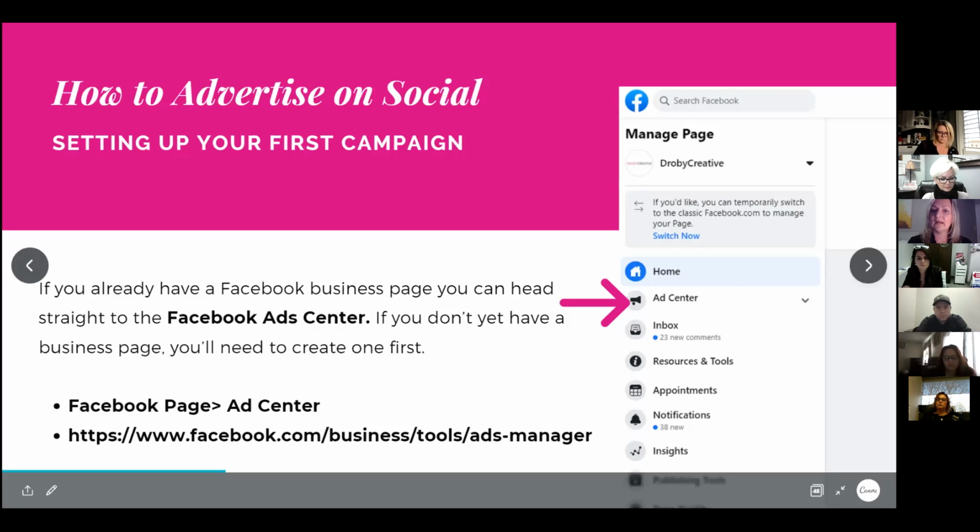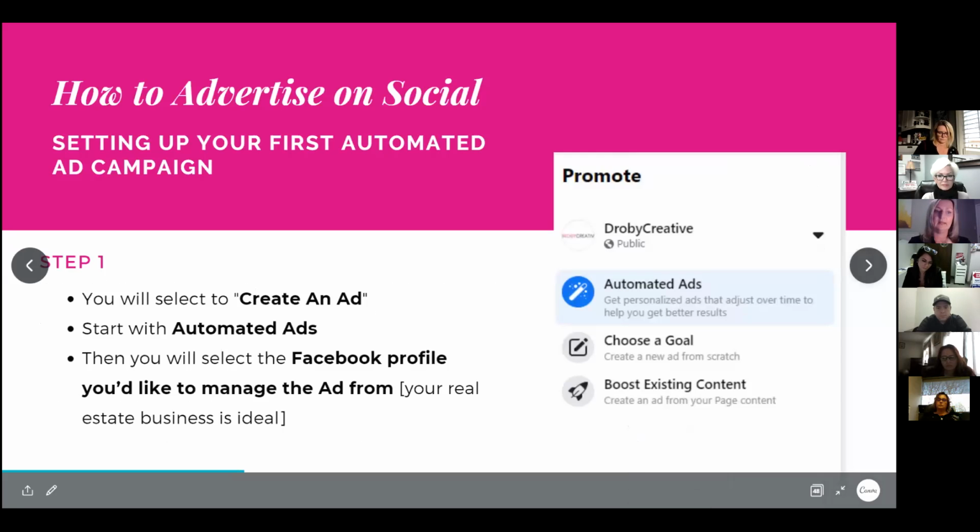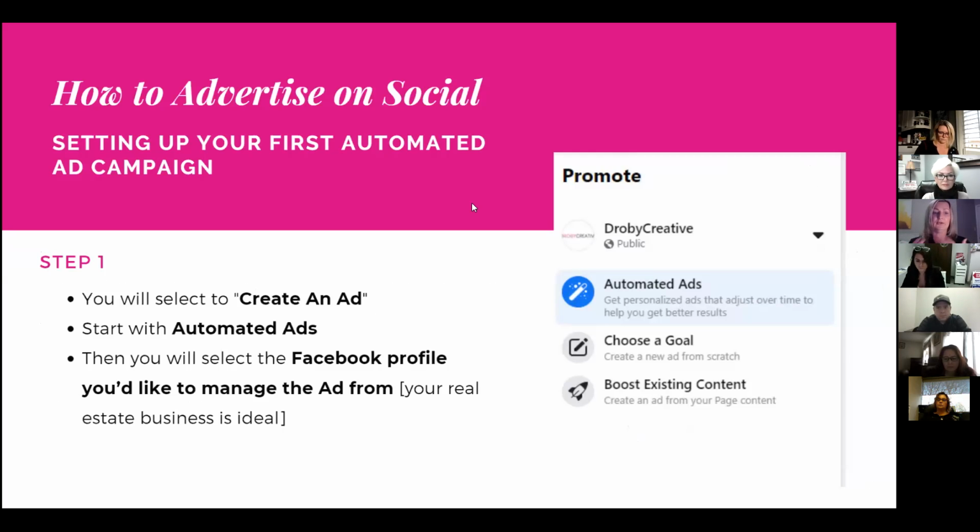Once you've clicked on Ad Center, what you'll want to do is select Create an Ad. And if this is your first time setting up an ad or you're a little bit green to it, I do recommend clicking on Automated Ads. This will ask you some basic questions along the way.